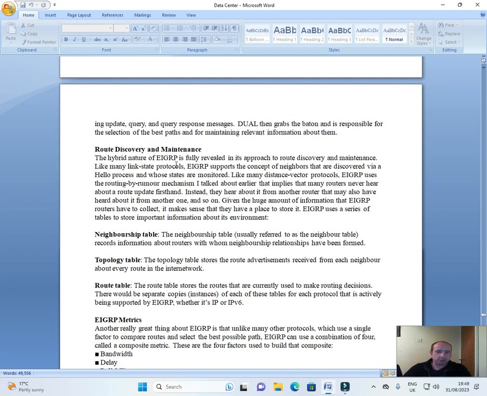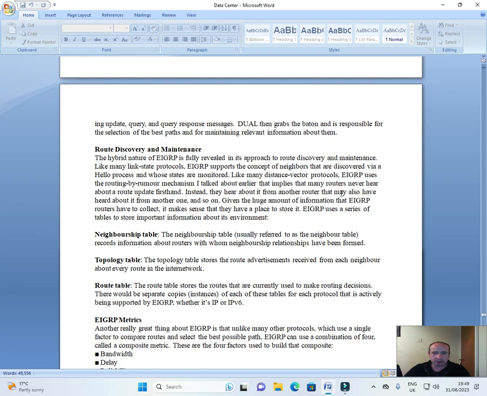Route discovery and maintenance. The hybrid nature of EIGRP is revealed in its approach to route discovery and maintenance. Like many link state protocols, EIGRP supports the concept of neighbours that are discovered via a hello process and whose states are monitored. Like many distance vector protocols, EIGRP uses the route by rumour mechanism I talked about earlier.